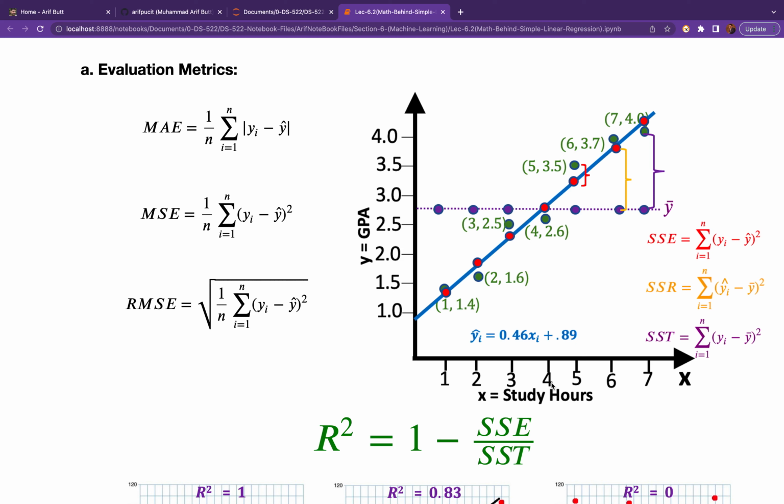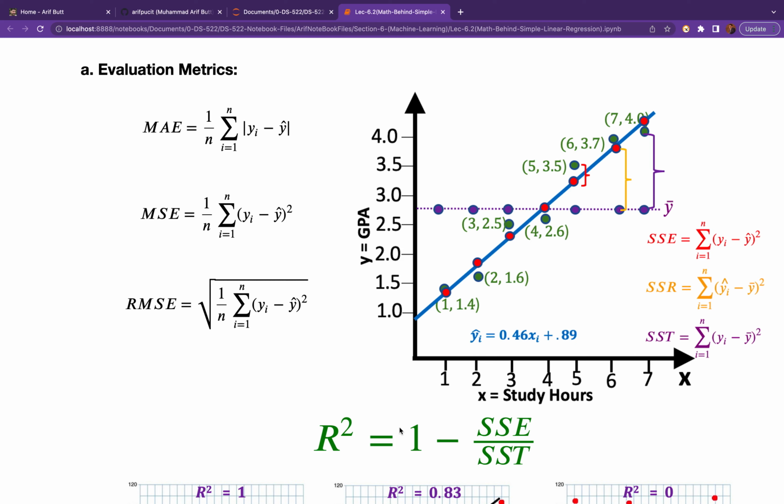I know you can rewind, but I am repeating because this is important. This R2 score tells us how much variance in the dependent variable GPA can be accounted for by observing the variance in the independent variable study hours. And since it is the square of the correlation coefficient, that's why it is also called R square.